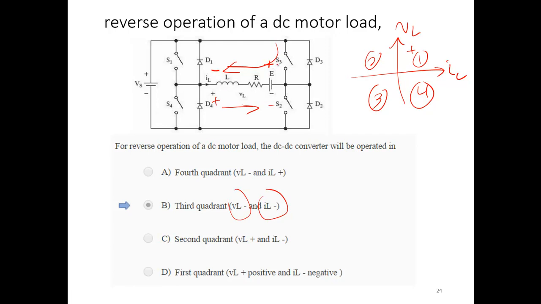You want the current to flow in this direction and the voltage in the opposite direction. That means current and voltage should both be in the opposite direction, so VL should be negative and IL should be negative. Both will be negative there.